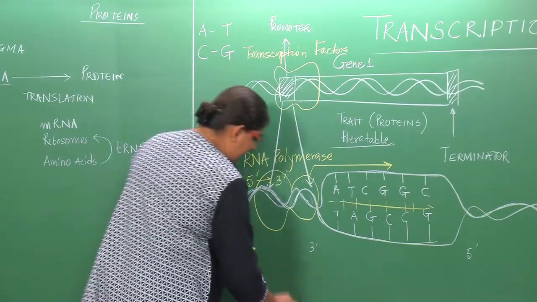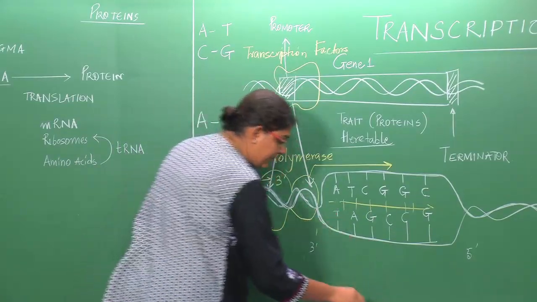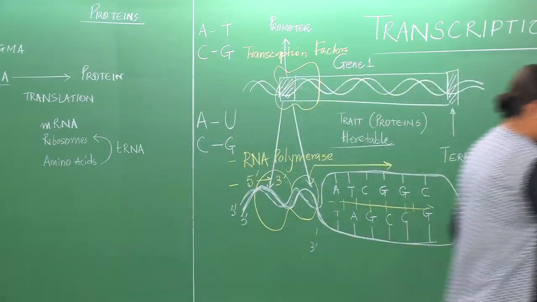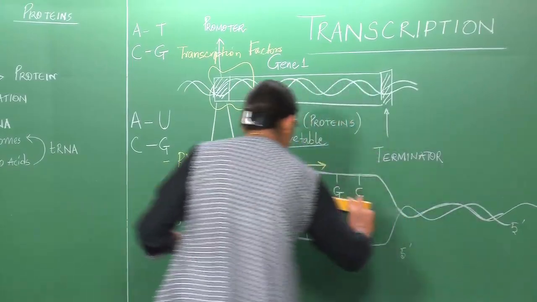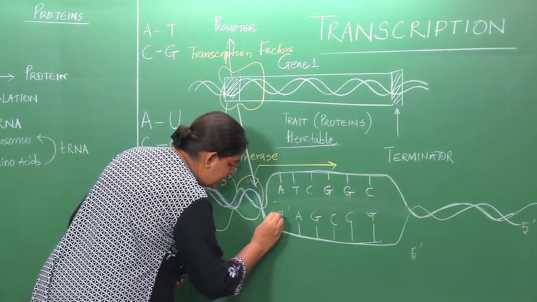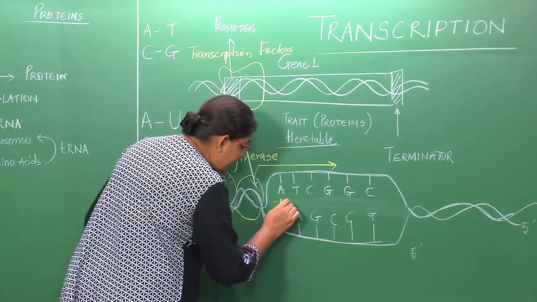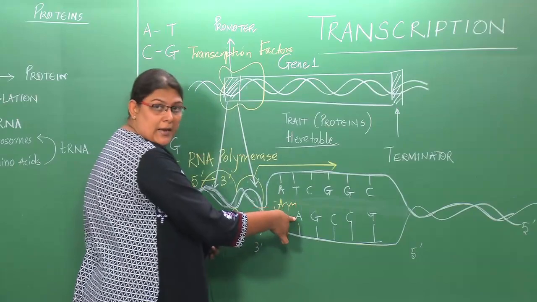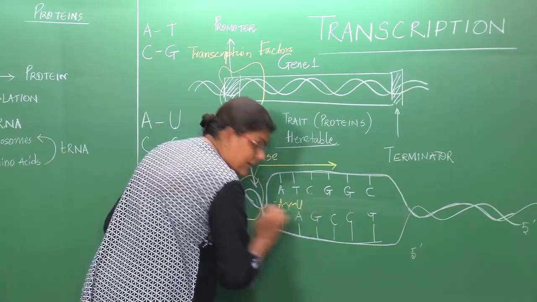So, the RNA polymerase will then start reading this strand. This has separated, and wherever it encounters a T, it will put a ribonucleotide. Here there is an A, but RNA does not have a thymine, so it will form a uracil.